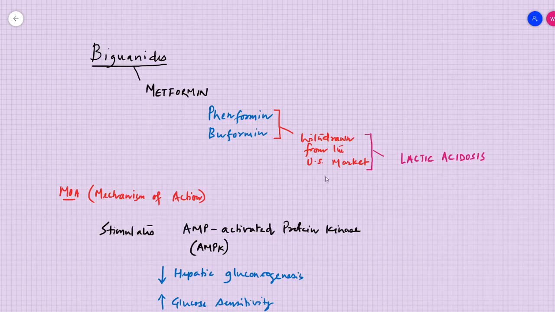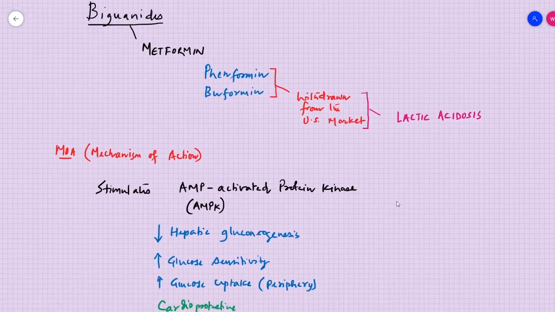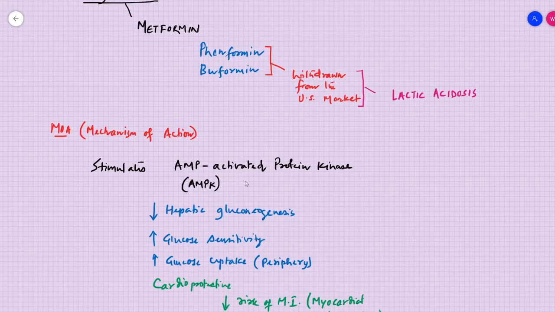So what is lactic acidosis? Metformin-like drugs decrease hepatic gluconeogenesis. So what is gluconeogenesis? It is when the body makes glucose from sources other than carbohydrates.